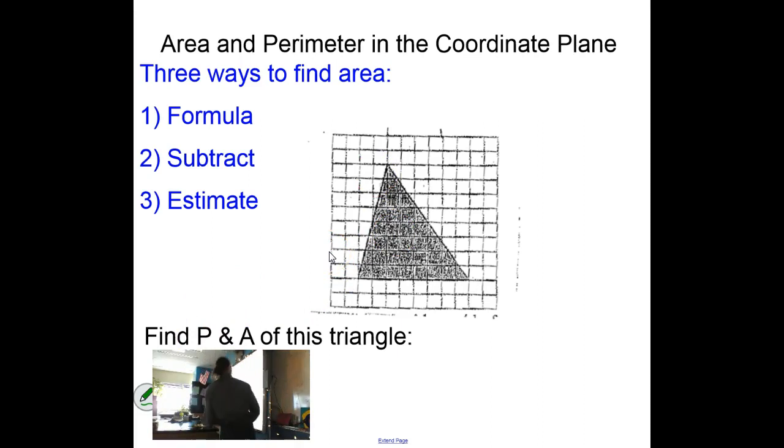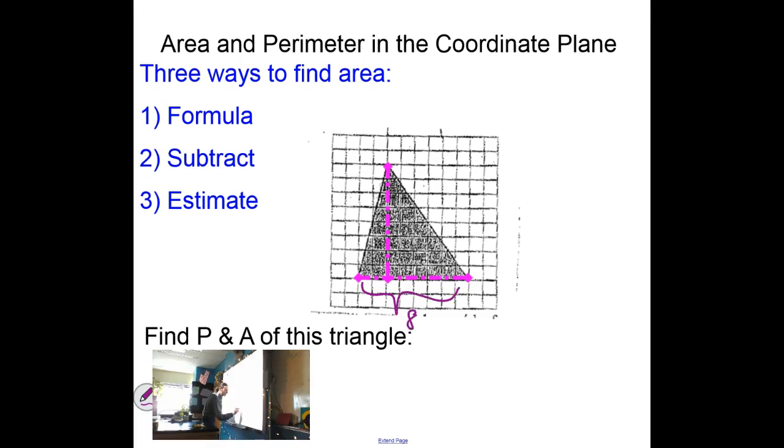Well, I'm going to start with the area because it's really straightforward. If I just drop a quick altitude, right? Oh, I have my base and my height because there's a horizontal and a vertical line. So when I do that, this distance here, 1, 2, 3, 4, 5, 6, 7, 8.